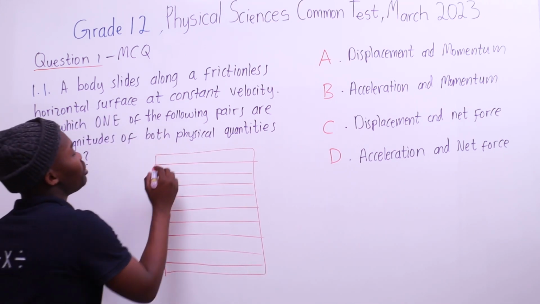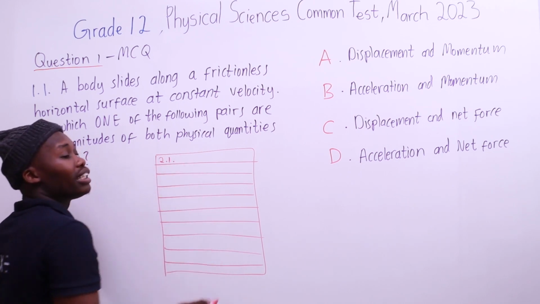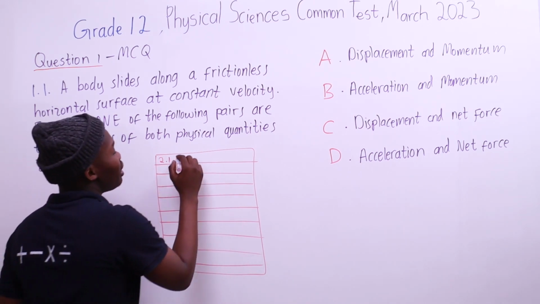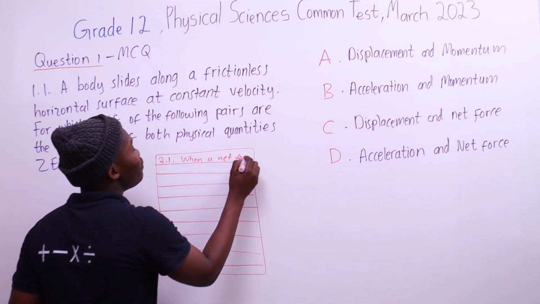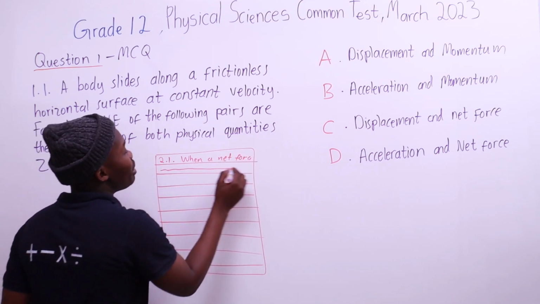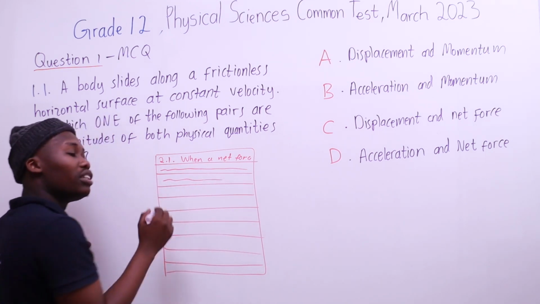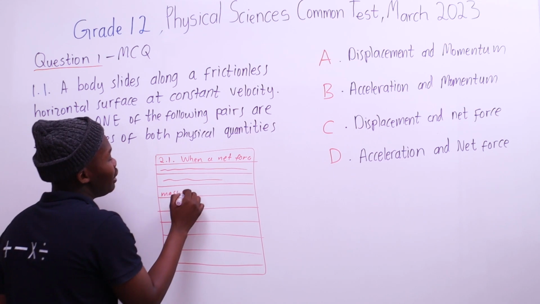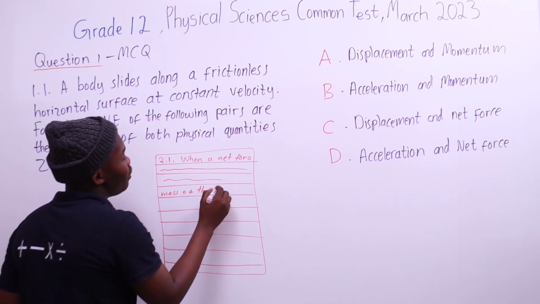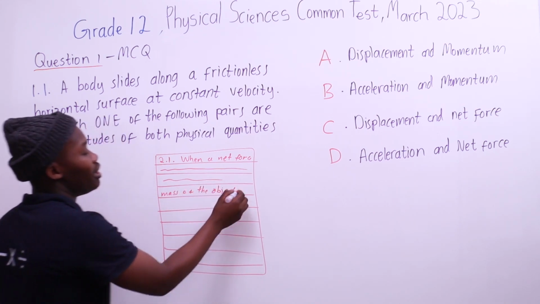So wena uzobhala ukuthi 2.1 angithi mhlambe state Newton's second law uzothi when a net force blah blah blah and then uzogcina inversely proportional to the mass of the object. Igcina kanje igcina full stop.